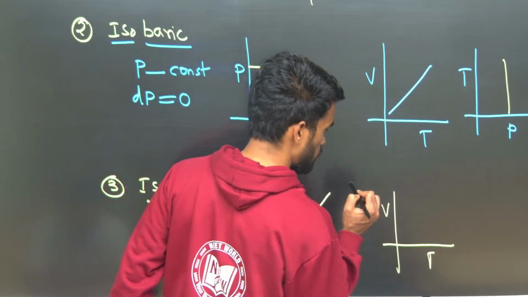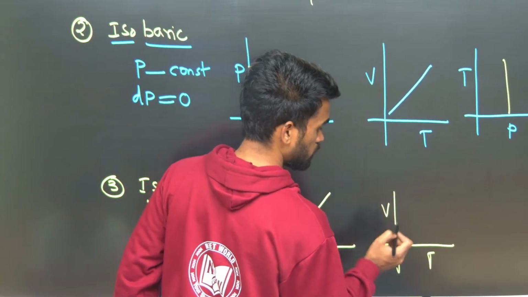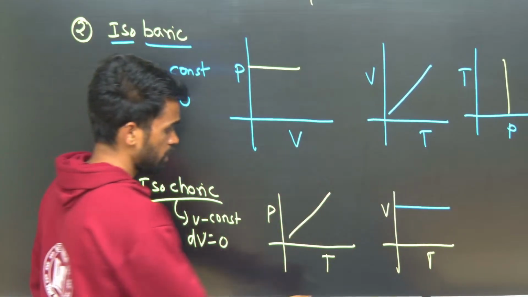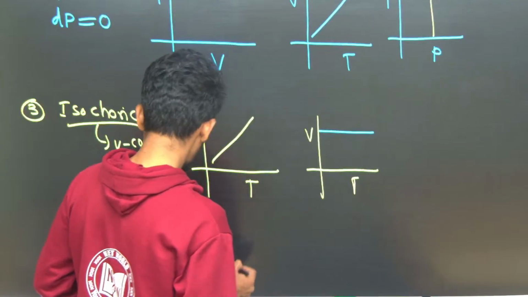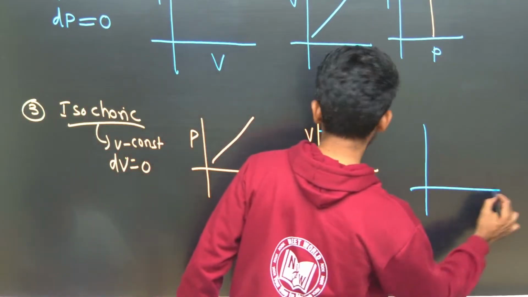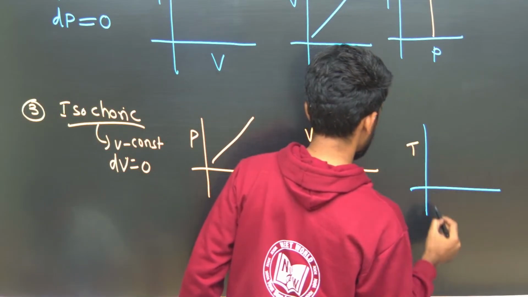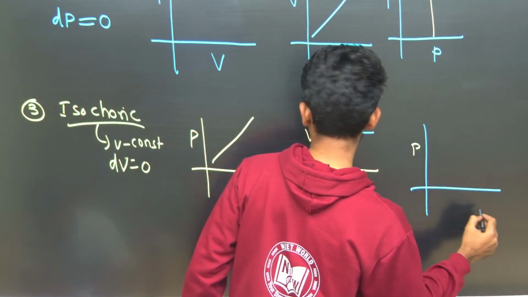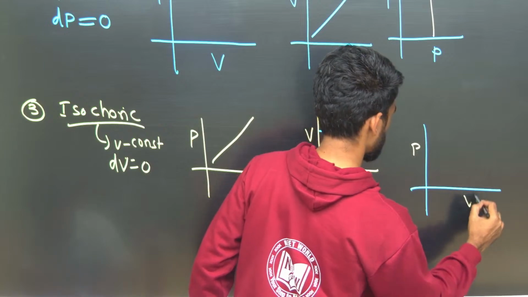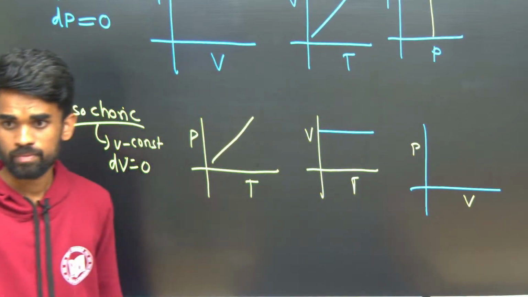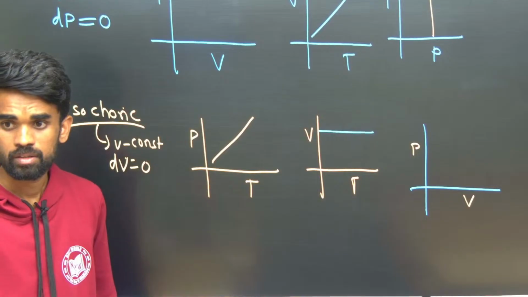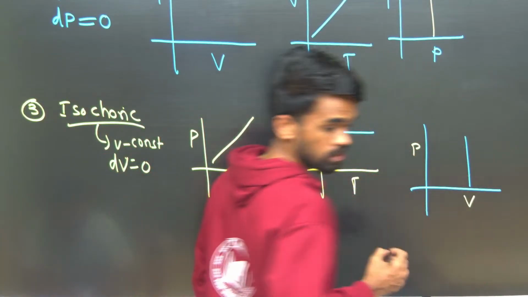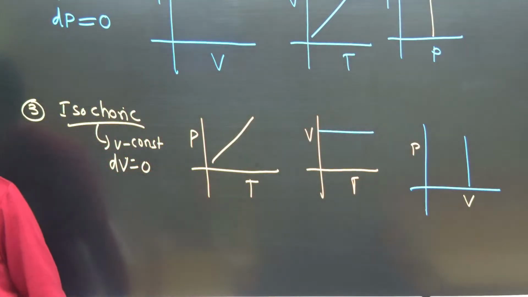So your graph should be parallel to what? Parallel to the temperature axis, x-axis. Right, you got it now? Drawing the small graphs. How can I draw this? Parallel to the y-axis, like this. Okay, draw this.